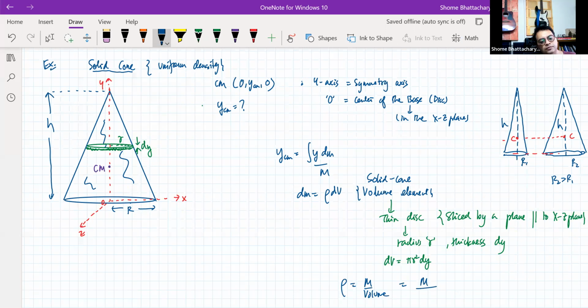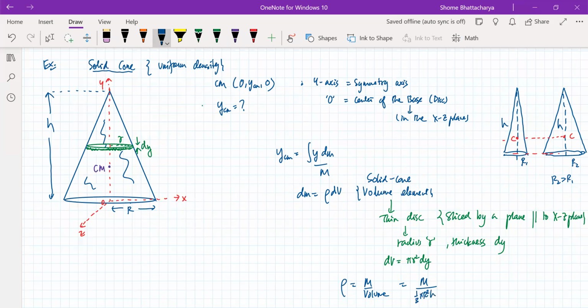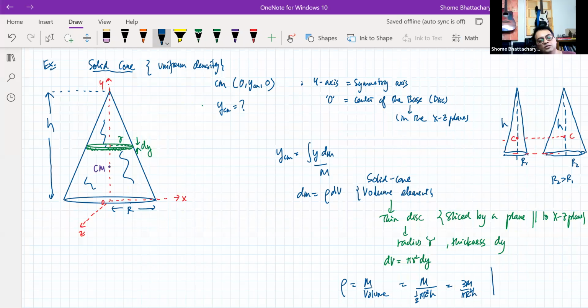Pi r square h by 3. Yes, 1 by 3 pi r square h. So this being the case, now we can see that rho dv will become 3m upon r square h, pi cancels out, into r square dy.